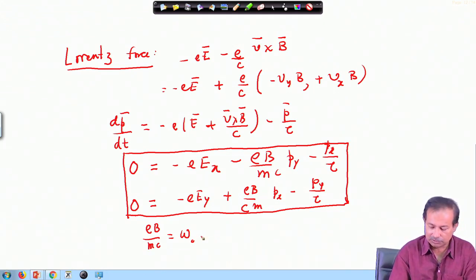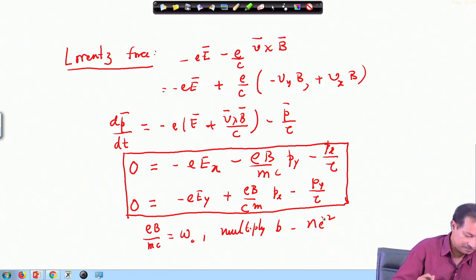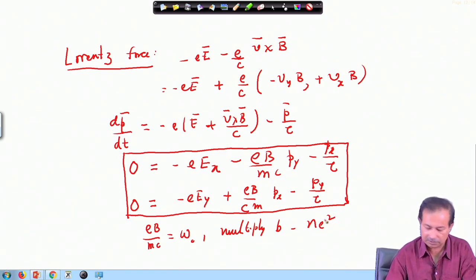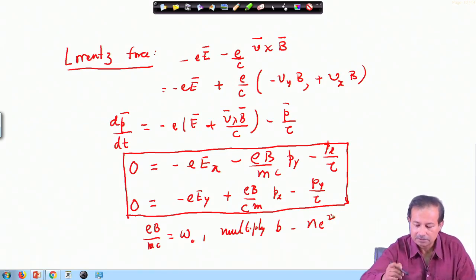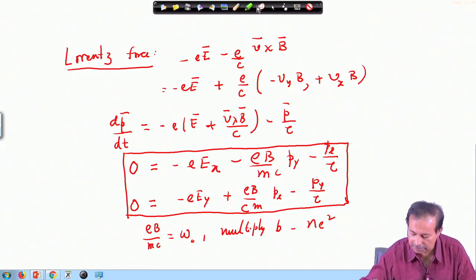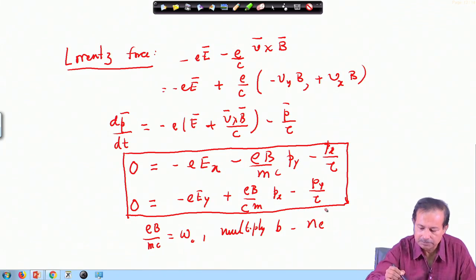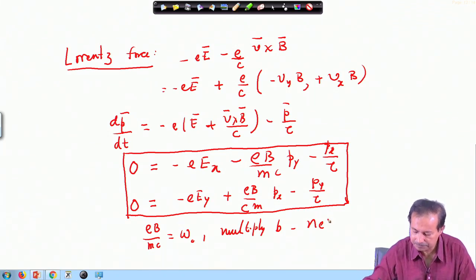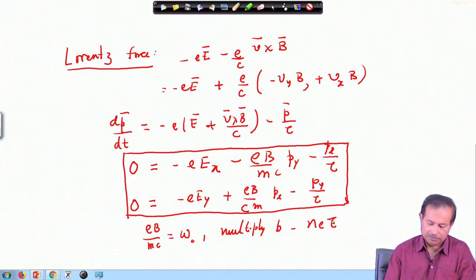And also what we do is multiply both the equations by minus n e tau by m.